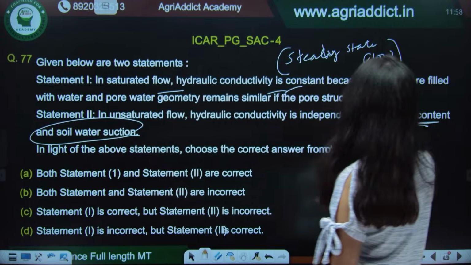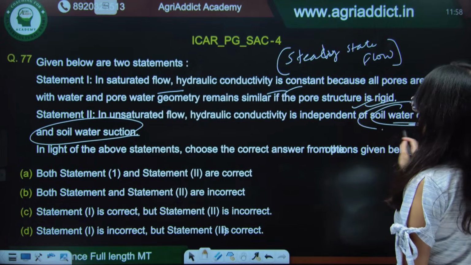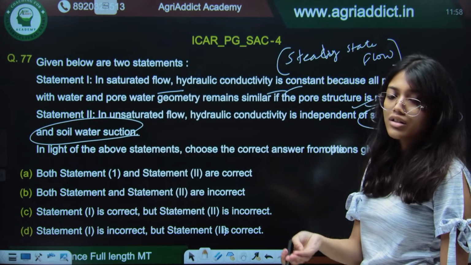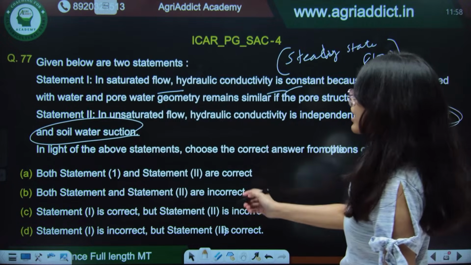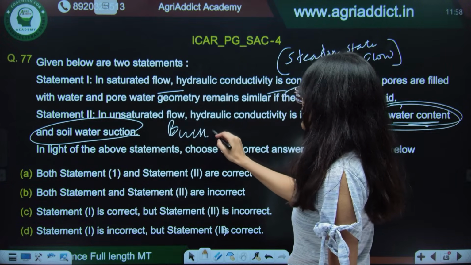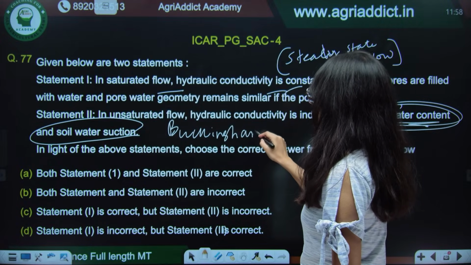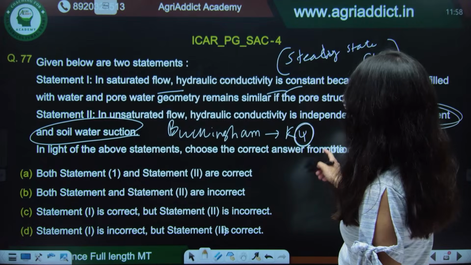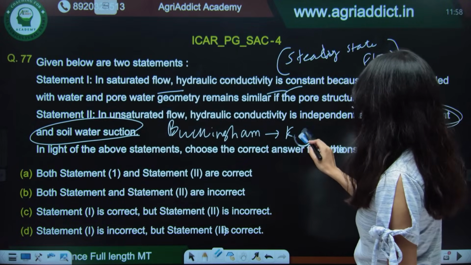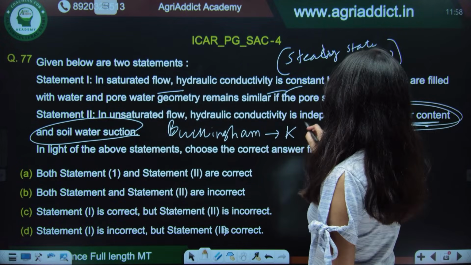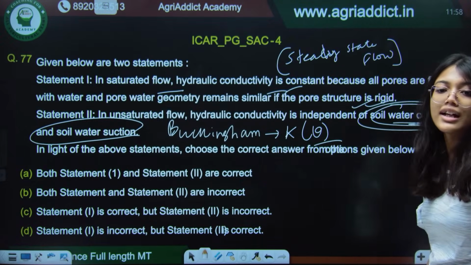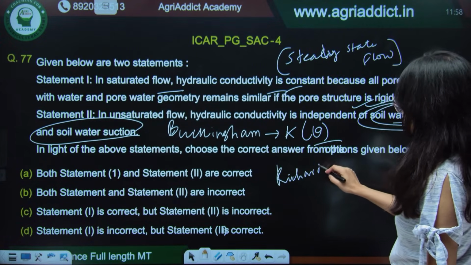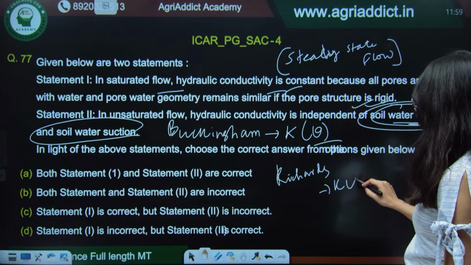No, in unsaturated flow, it cannot be independent. It is dependent on the soil water suction and on the pore geometry, and that is why later on an equation by Buckingham came that it should be dependent on the matric potential. This matric potential term was given by Richards, and Buckingham said that it should be dependent on the entire volumetric water content, but Richards said that no, it can also depend on the matric potential.